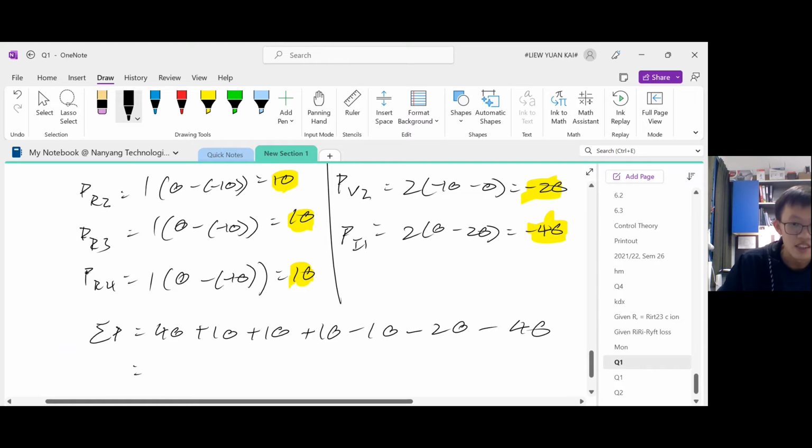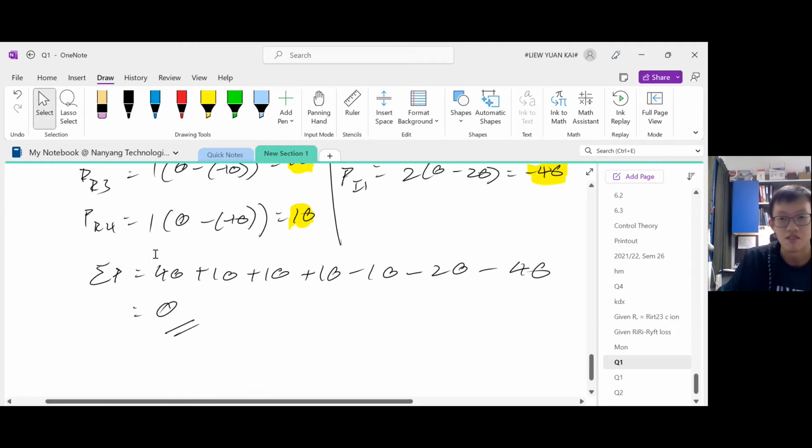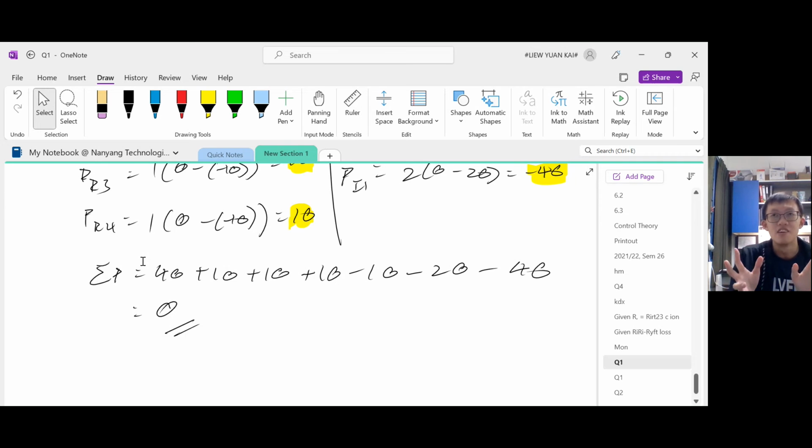Then you should get 0. Since the sum of all powers is 0, the power is conserved. This 0 shows that there is a balance between the power being generated and the power being dissipated. Since they cancel out each other, the circuit as a whole has no net creation or destruction of energy. So power is conserved.